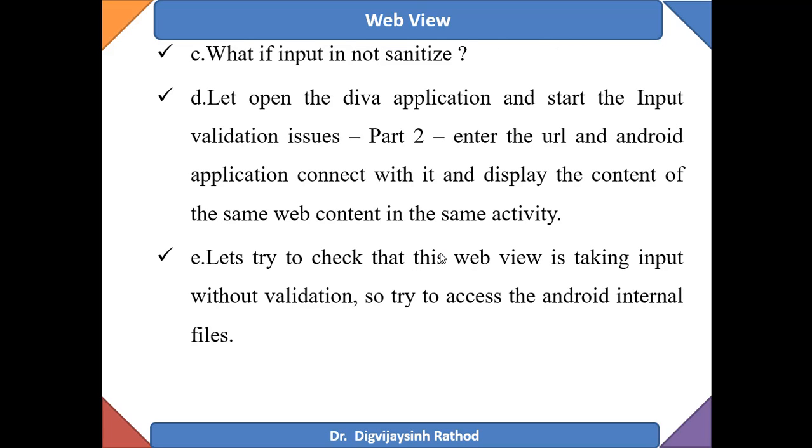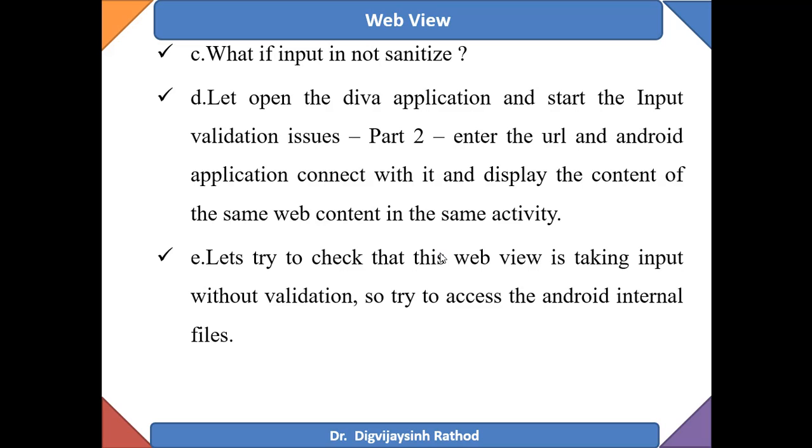But sometimes what happens is, obviously, if somebody wants to display a website as a part of the activity, then you need to take the input of a URL from the user. And whenever we have input, we need to think about input sanitization or data validation.